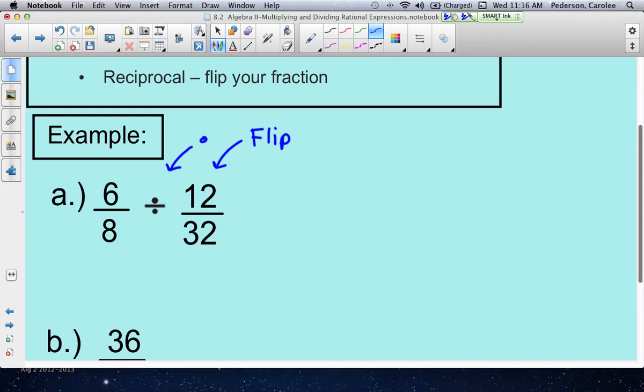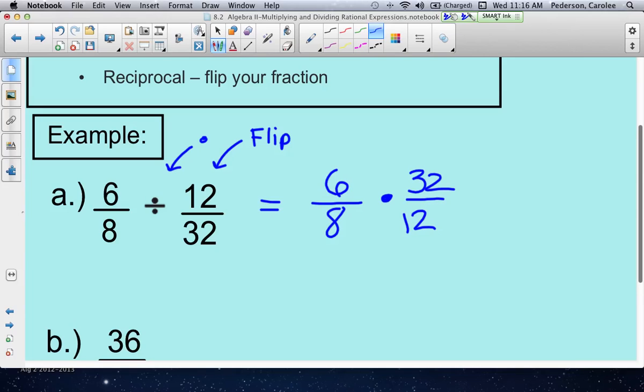So you can remember it as keep, change, change. So 6/8 is going to stay, it's going to keep, and I'm going to change the division symbol to multiplication, and then I'm going to change that 12/32 to 32/12.